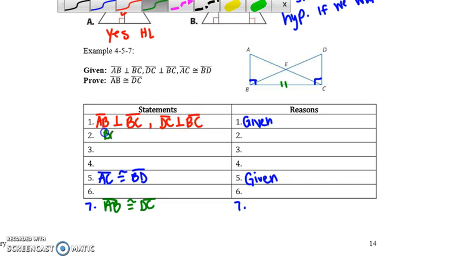So BC is congruent to BC. And then these right angles are formed here, so let's talk about those angles being right angles. So angle ABC and angle DCB are right angles.